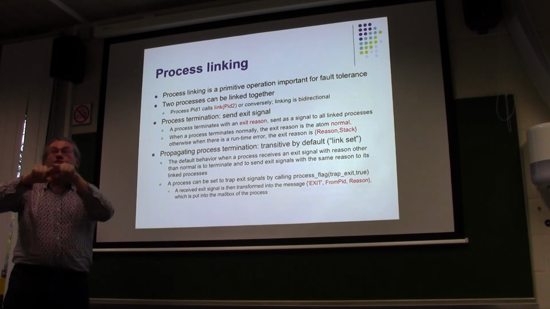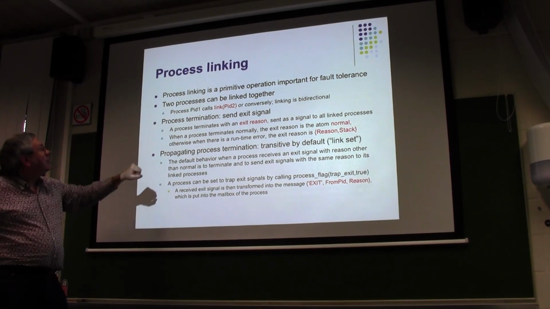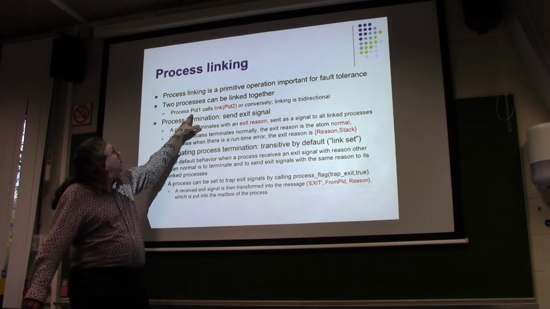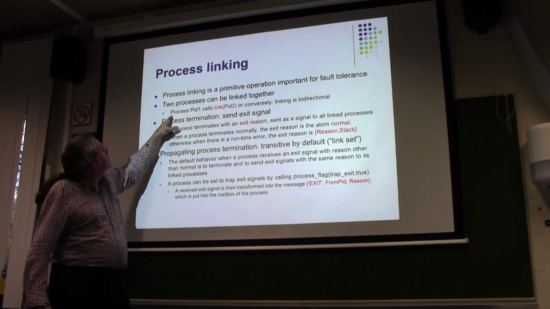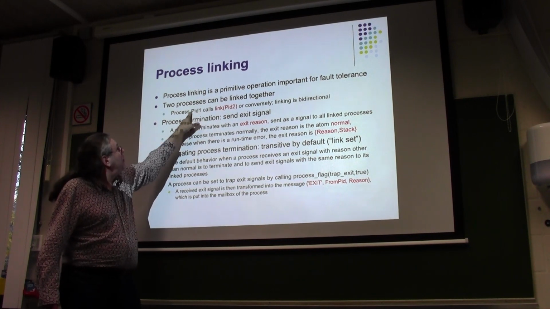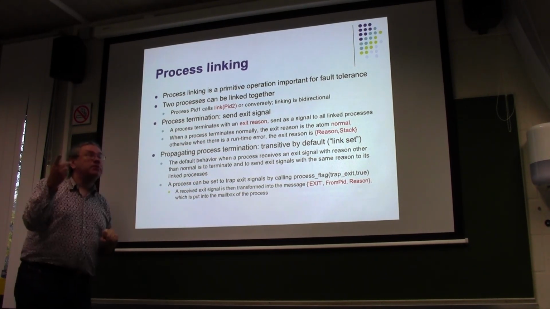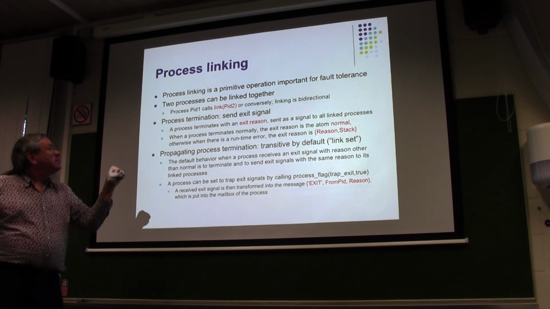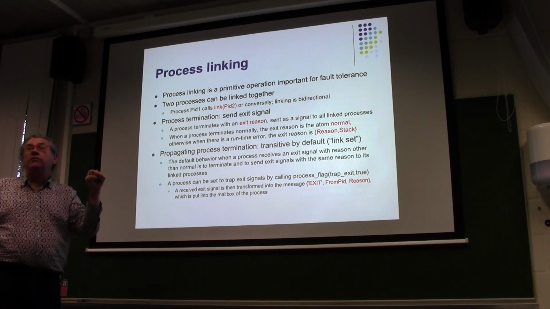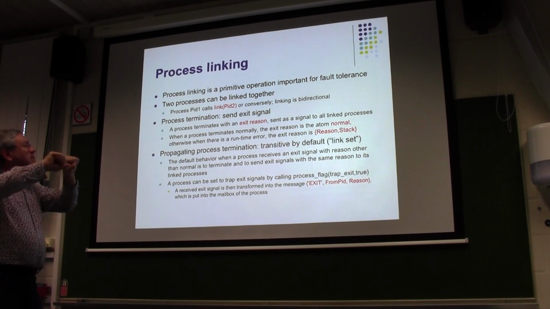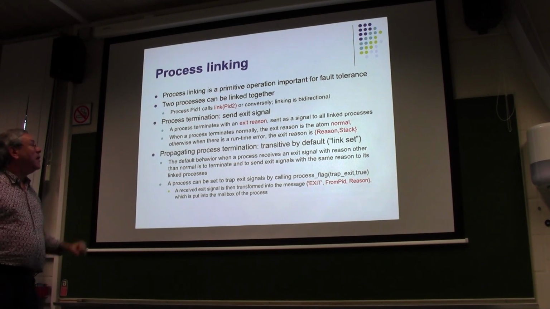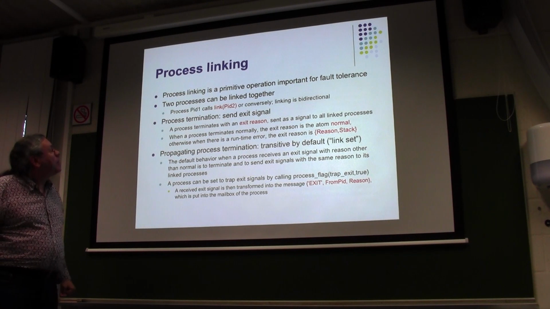So there is a conceptual bond between them, and you can do it asymmetrically. Any one of them, PID1 will call link PID2, or opposite. But the link is symmetrical. It's bidirectional. It doesn't matter which one creates it.